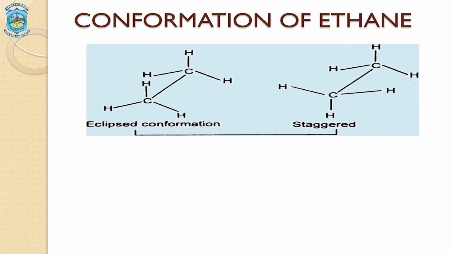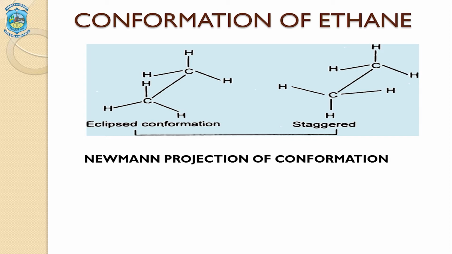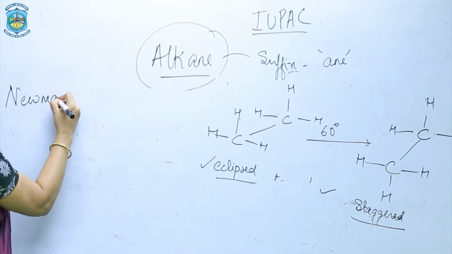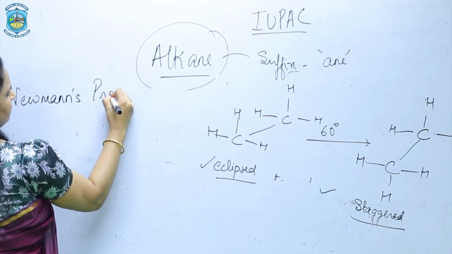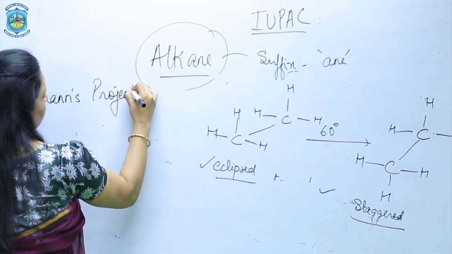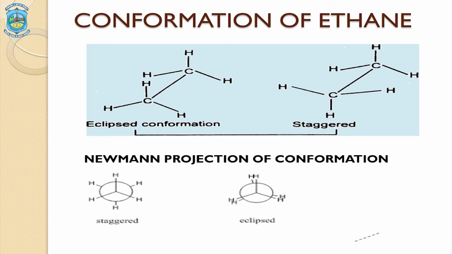But this representation is kind of difficult. Therefore, Newman gave a new convention to indicate conformational isomers. According to Newman's projection, I can represent these 2 states with the back carbon as a circle with 3 bonds, and the front carbon by simply joining 3 lines.